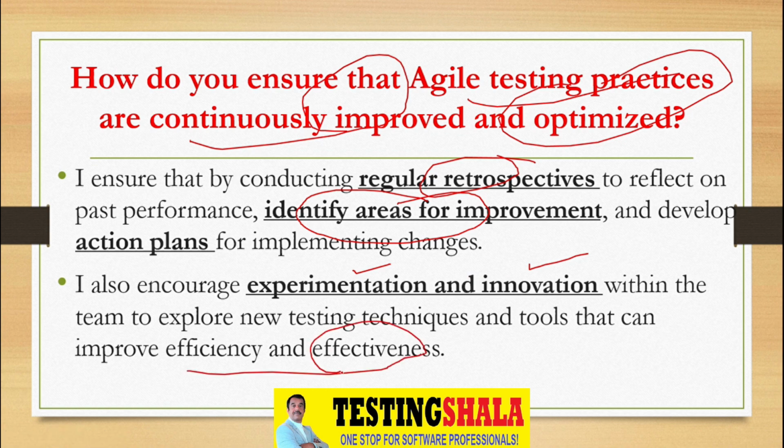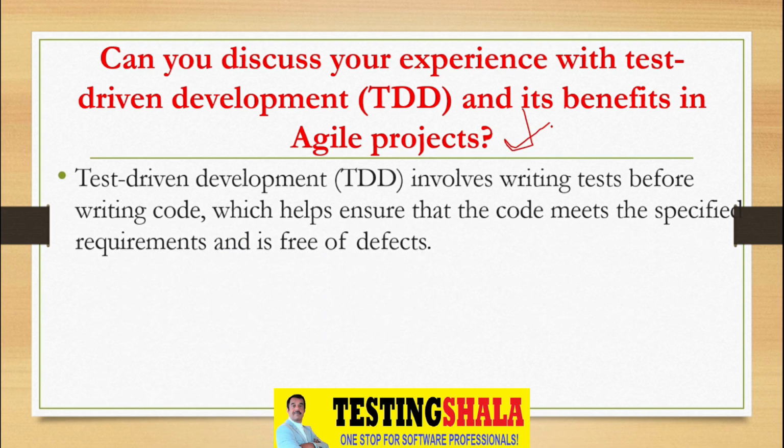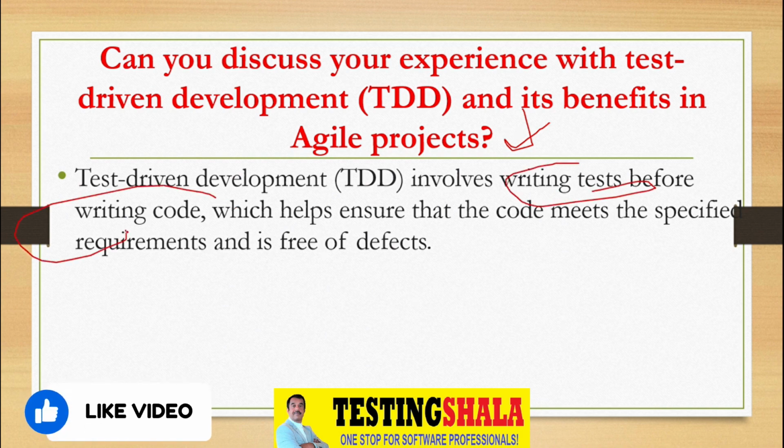The next one is, can you discuss your experience with test-driven development and its benefits in Agile projects? Test-driven development is nothing but writing the test before we write the code. That is the beauty of test-driven development.